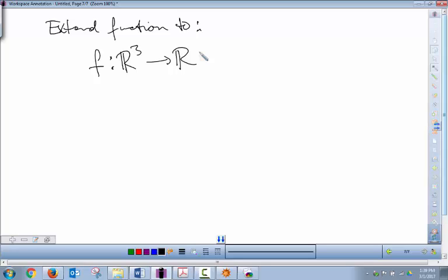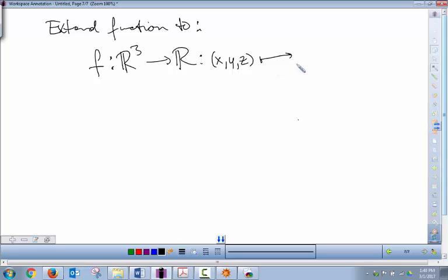What does this mean? And can you give me an example? So my function goes from R3 to R. What does that mean? What kinds of inputs can I put into this function, and what kind of output can I get from this function? So the input now will have three numbers, right? X, Y, and Z would be good candidates. And the output, you only get one number, so a scalar number.